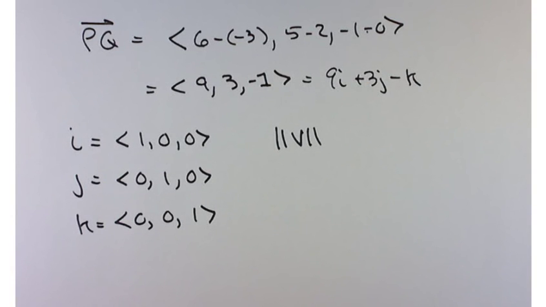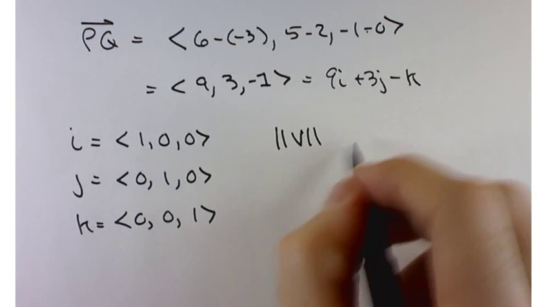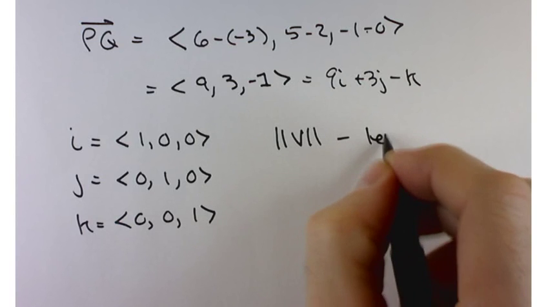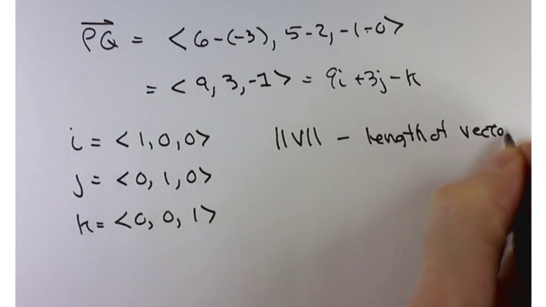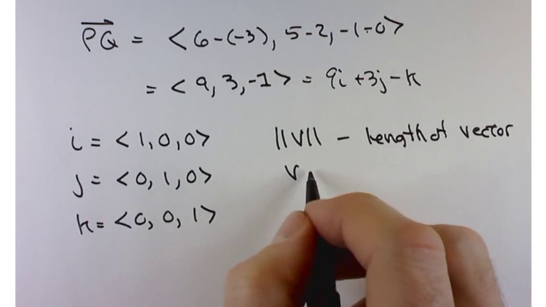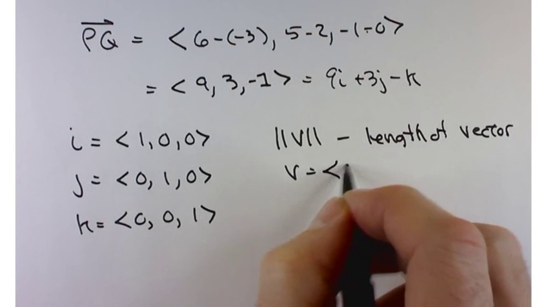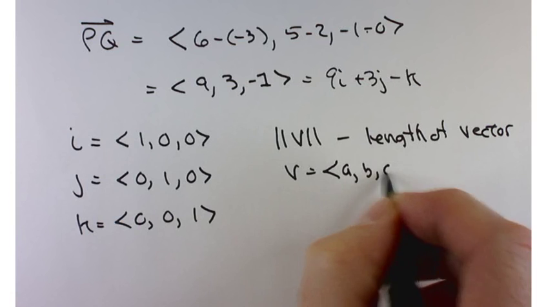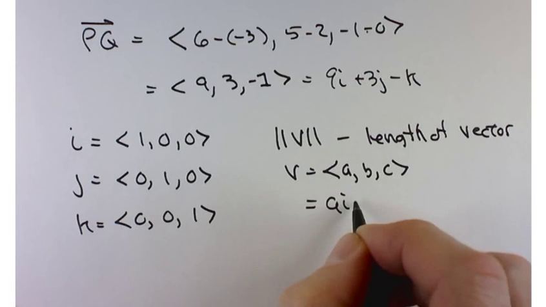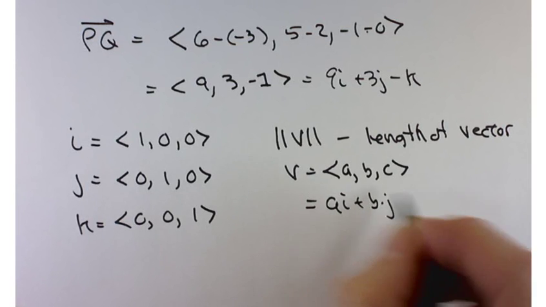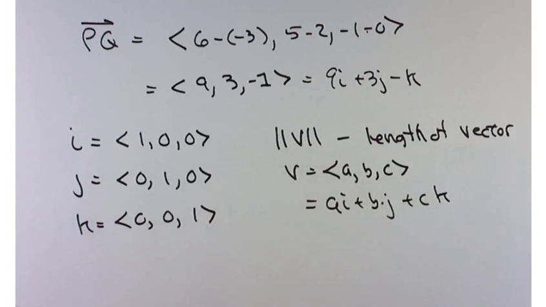Let's work on finding the length of a vector. So this is the length of vector v. Now v is going to be this vector a, b, and c, or you could also write it as ai plus b times j plus c times k.